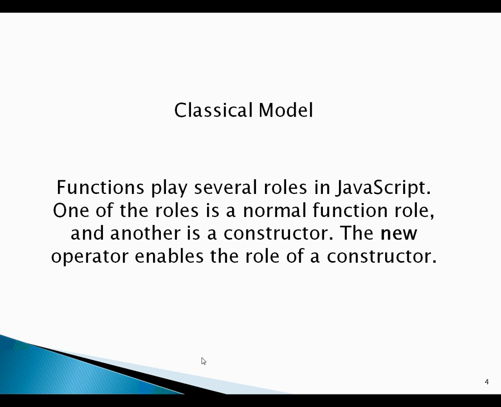The two ways in which this can be done are the classical model and the prototypal model. In the classical model, you use more or less the class aspect of object-oriented programming languages, and in the prototypal model you will be using the objects themselves to instantiate other objects. So let's see them one by one.